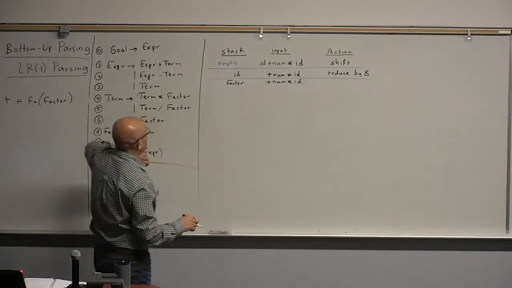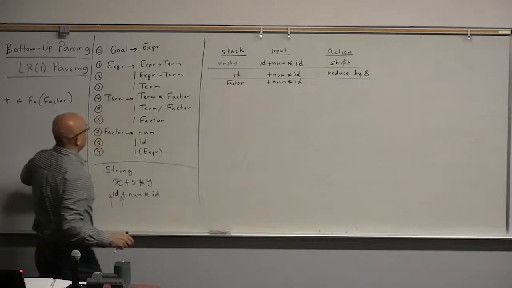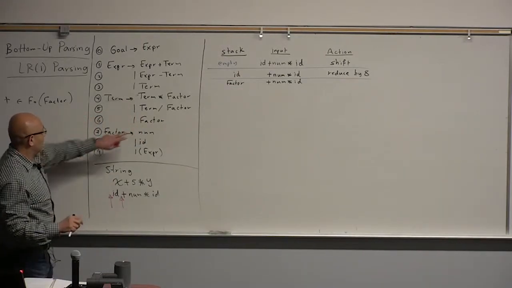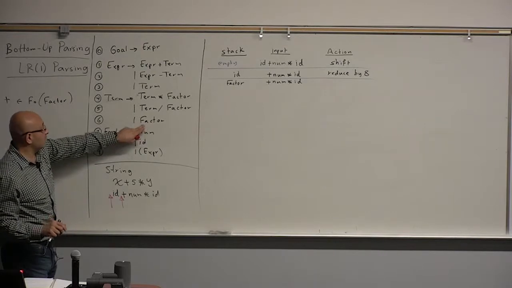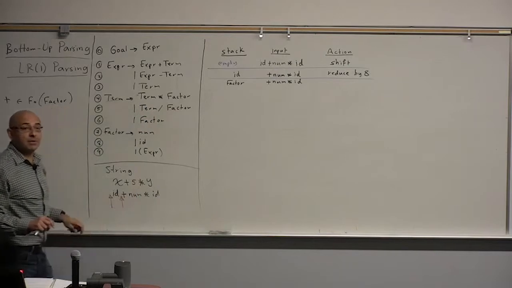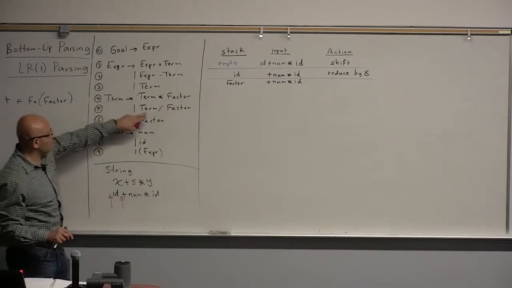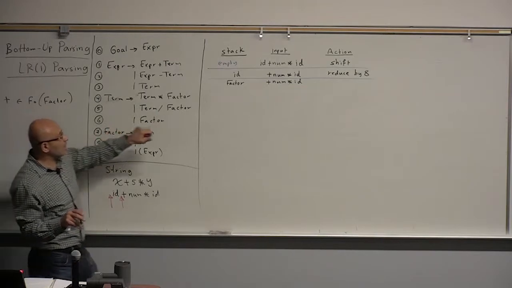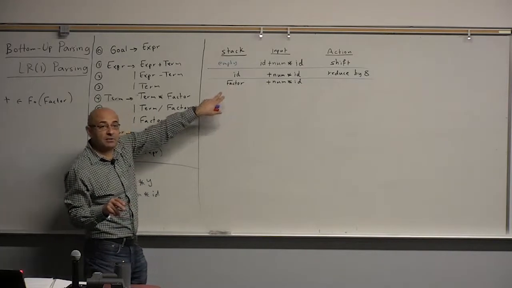Okay. So now, what's the action? I look at the top of the stack, the factor. Is there a rule that ends with a factor? Number 6. Number 6 ends with a factor. Well, now, number 4 and 5, they end with a factor. But I don't have this on the stack. So I'm looking at the left context. My left context has only factor.